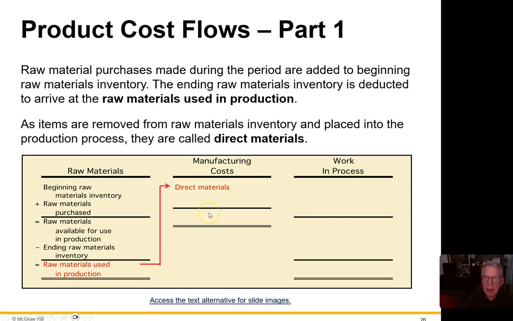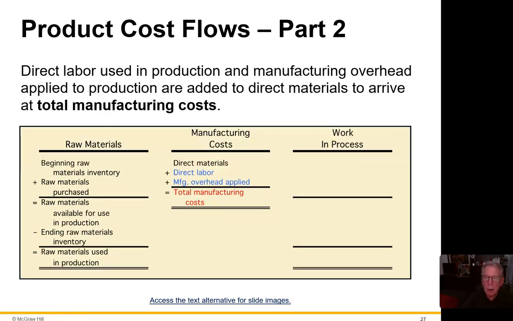Okay, now we also have manufacturing costs here. So direct labor used in production and manufacturing overhead applied to production are added to direct materials to arrive at total manufacturing costs.